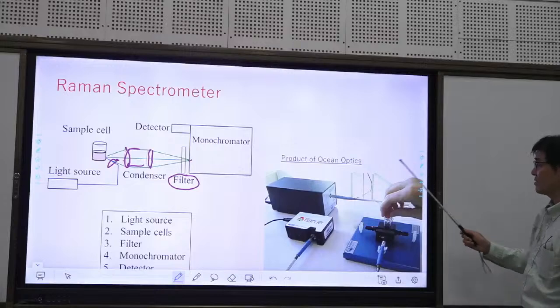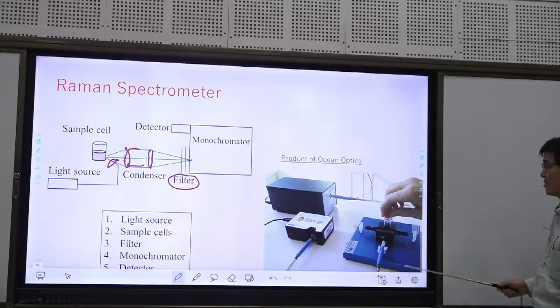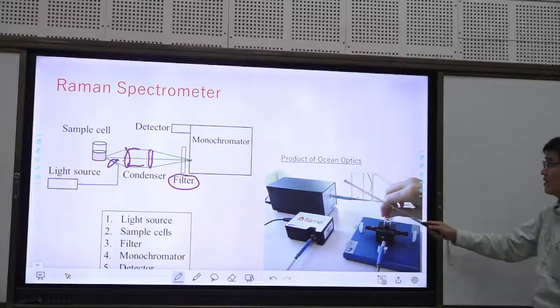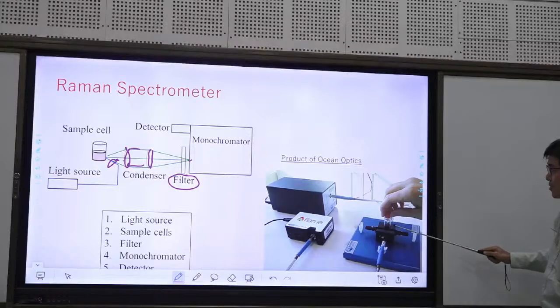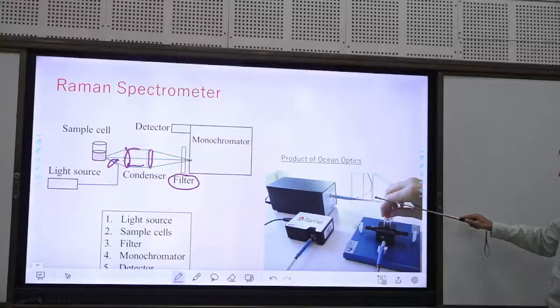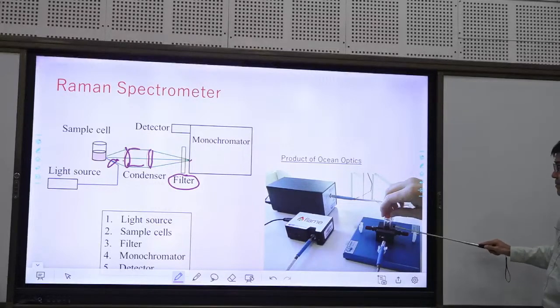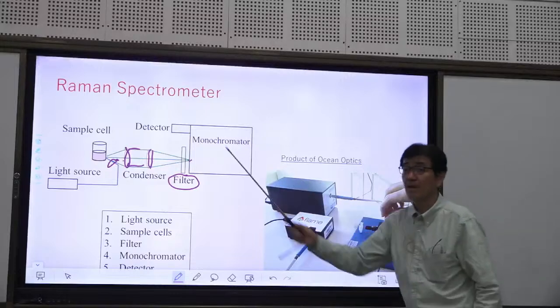So here is a figure of about the smallest setup for Raman spectroscopy. This is a laser. This is a monochromator. This is a sample cuvette. Okay? The laser beam passes through the optical fiber and irradiates the sample. And the scattered light is collected and delivered to the monochromator, and monochromated and detected.